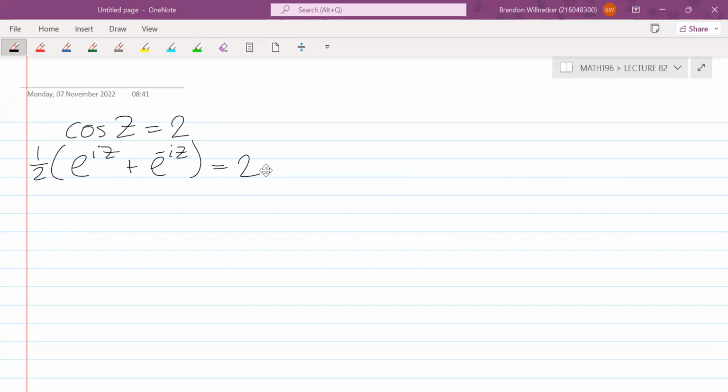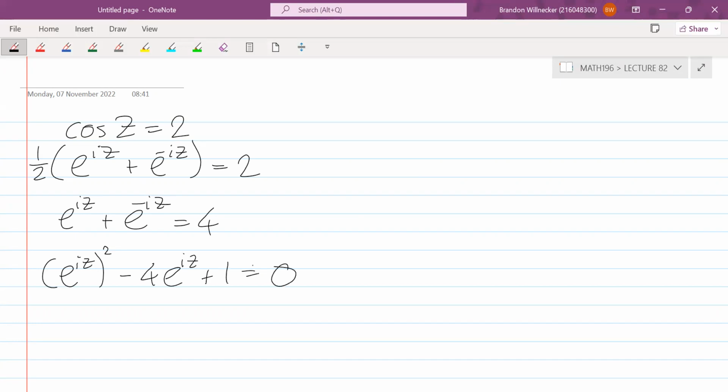So this is going to be e to the iz plus e to the minus iz is equal to 4. Now we don't want to work with e to the iz and e to the minus iz, so let's multiply through by e to the iz. So we're going to have e to the iz squared minus 4 e to the iz plus 1 is equal to 0.